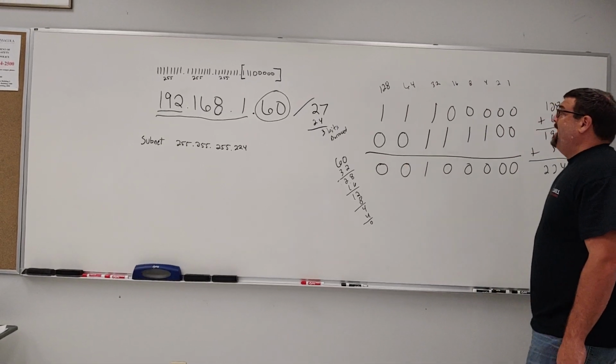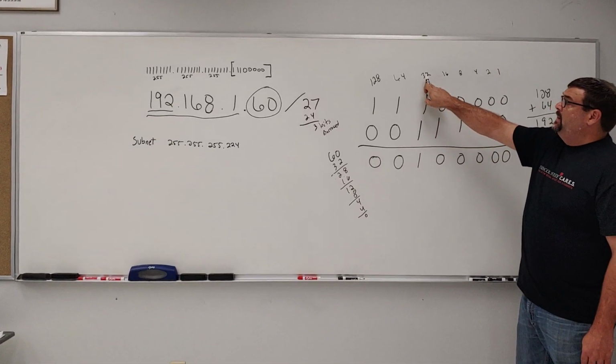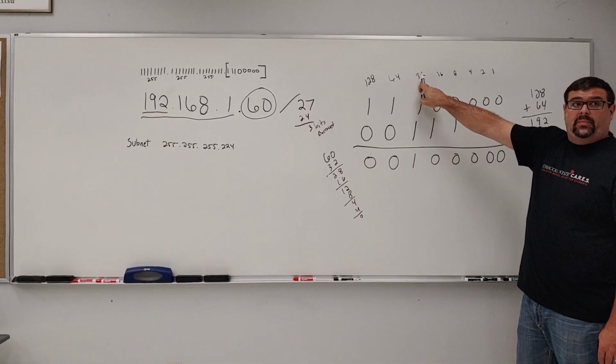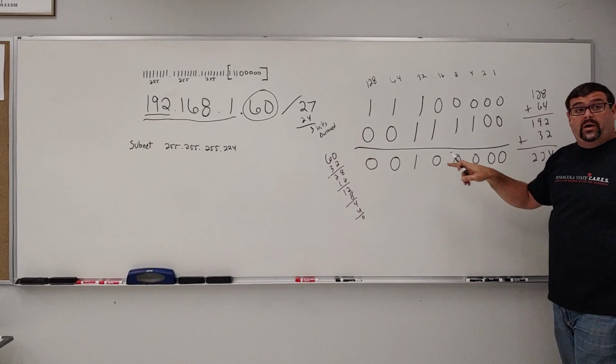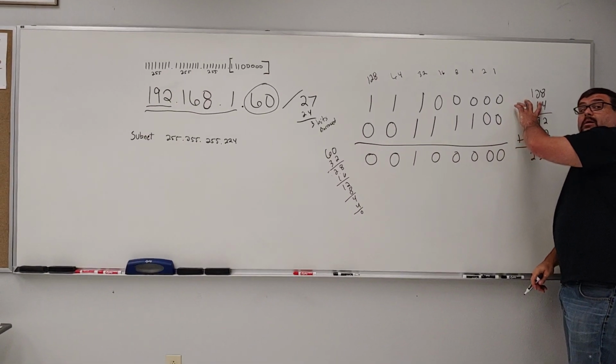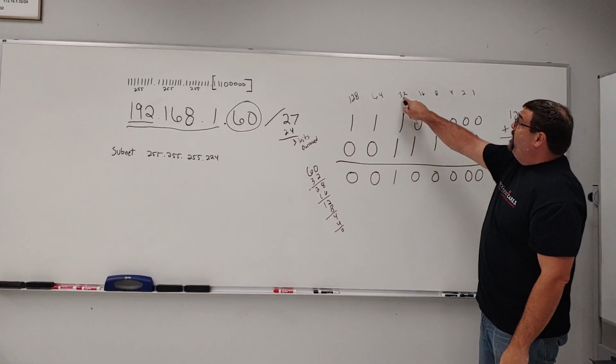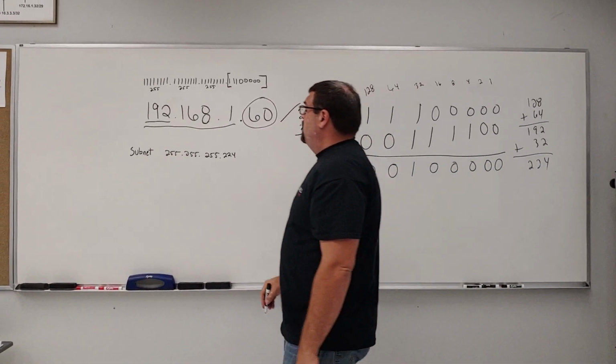Alright, so now we follow this guy up to see what the value is. Now mind you, if there was more than one down here, you would have to do the same thing we did over here. You'd have to add the values together. But because there's only one, then we know it's 32.